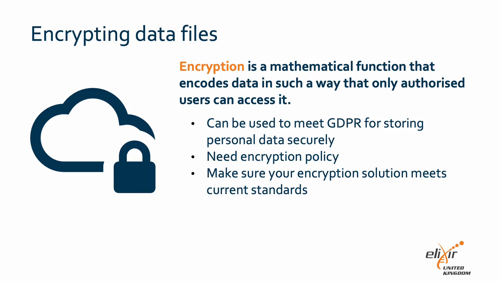Lastly, there are many different ways to encrypt data, such as disk or container level encryption, and your IT department will be able to advise and enable a solution for you. Check that your encryption solution meets current standards such as GDPR and the standards that your research project has to abide by. There are some suggestions of types of encryption on the next slide.